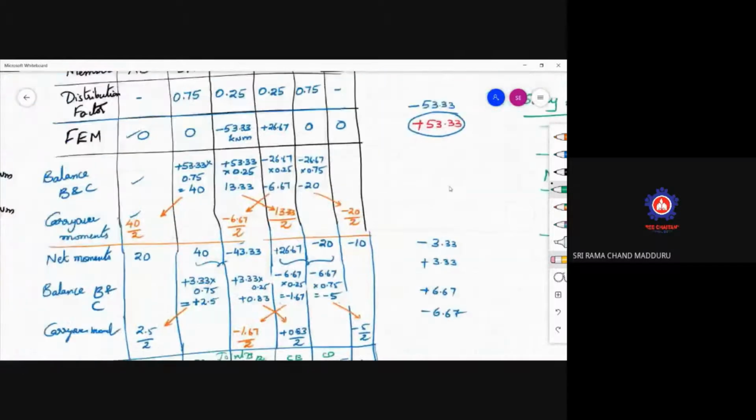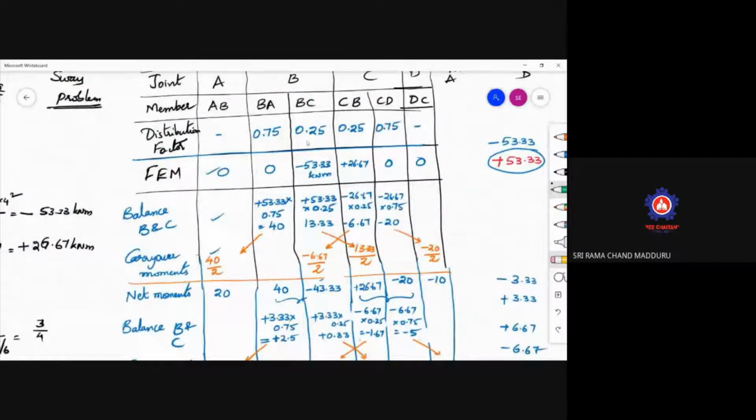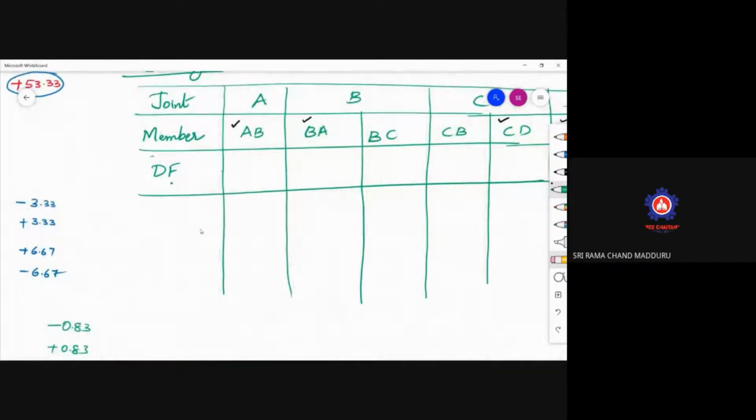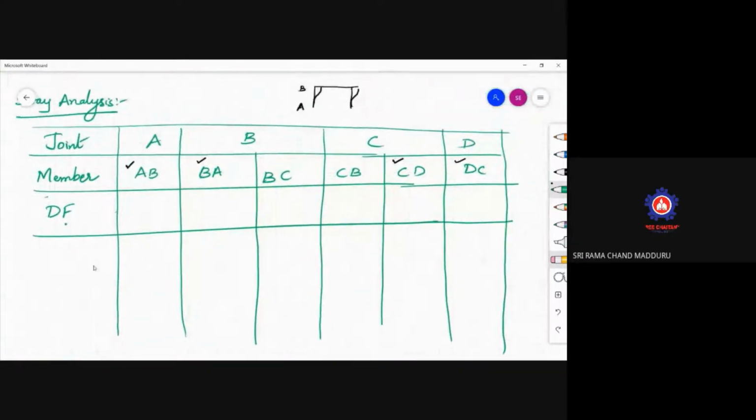The distribution factors are 0.75, 0.25, 0.25, 0.75. So bring the same thing here.